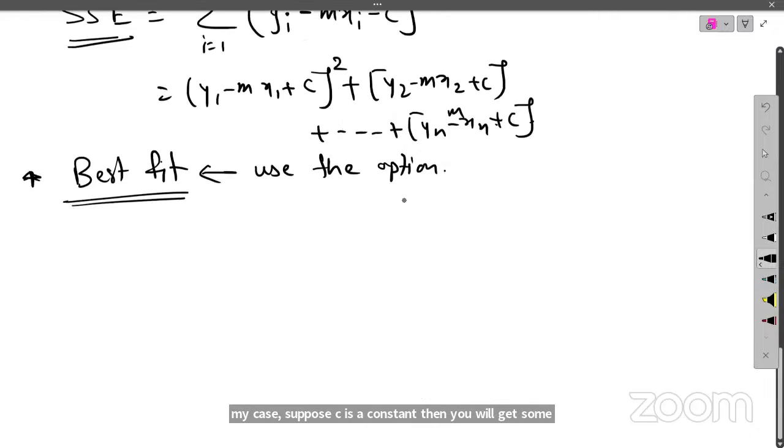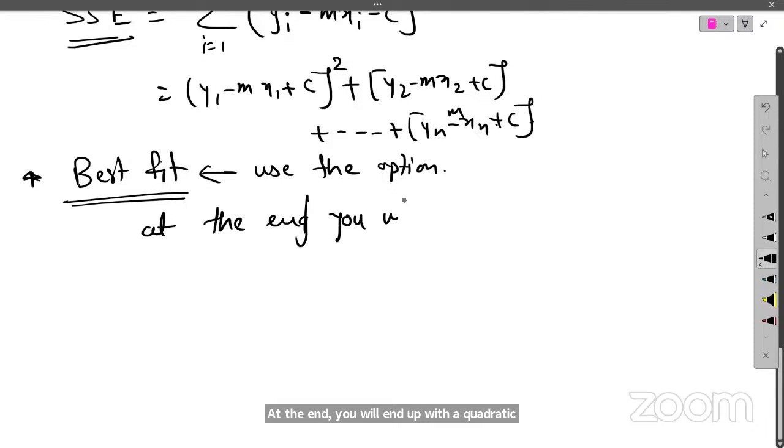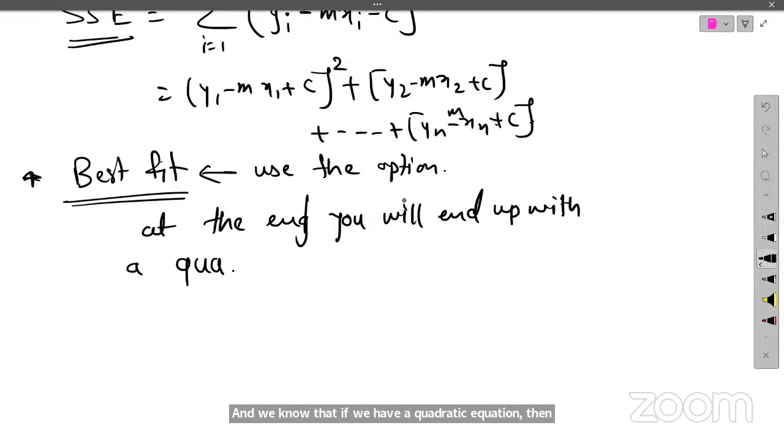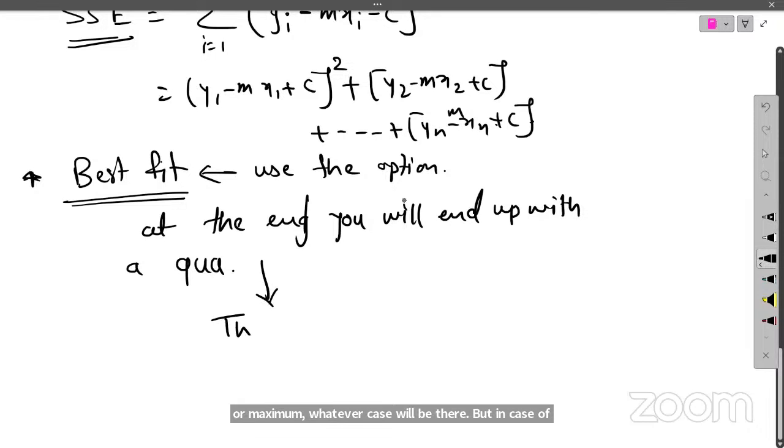That means at the end you will end up with a quadratic equation. And we know that for a quadratic equation, the minimum value will always occur at its vertex. Minimum or maximum, whichever the case. But in the case of SSC, it will always be a minimum. Okay, so you just have to find the coordinates of the vertex.